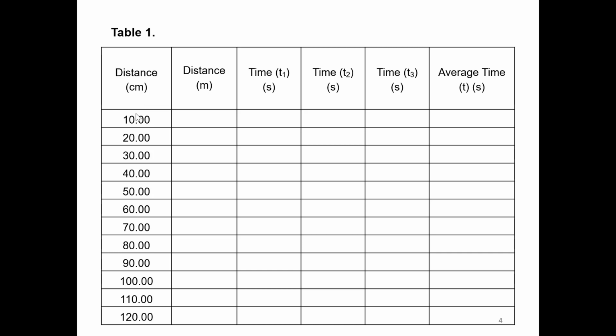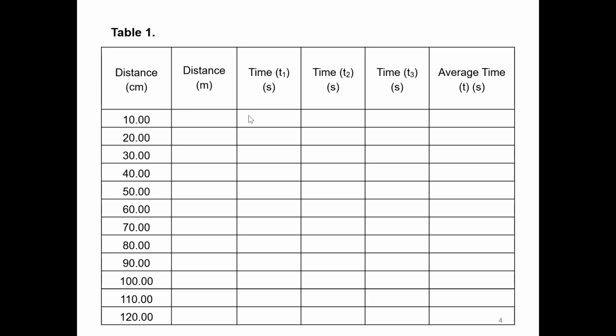This is why we had two significant digits. Because we want to report all the units in the SI system, in the next column we had the distance in meters. You had to convert these centimeters into meters, and remember, we want to keep the same number of significant digits.